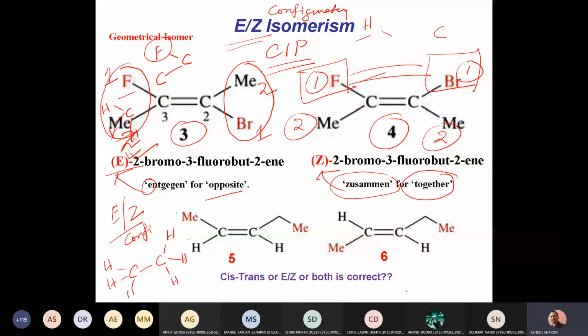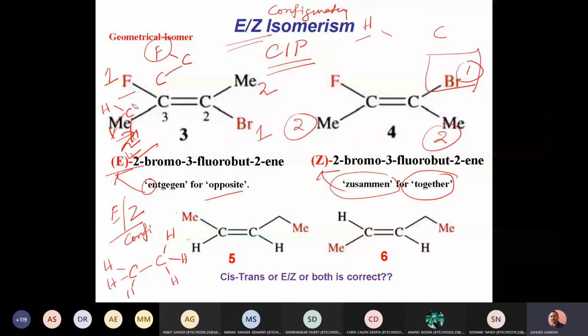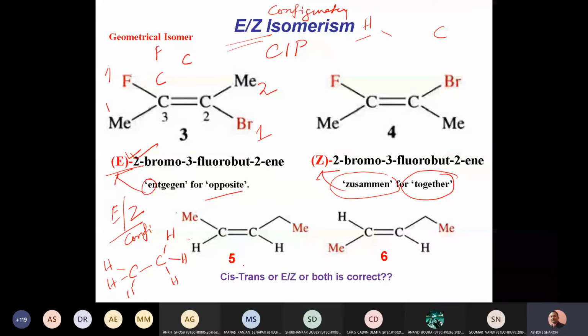Like in the case of 3 and 4, cis-trans is not good to represent. In the case of 3 and 4 compounds, it is better to explain with respect to only EZ. But in the case of 5 and 6, it is fine to explain either by cis-trans or EZ.